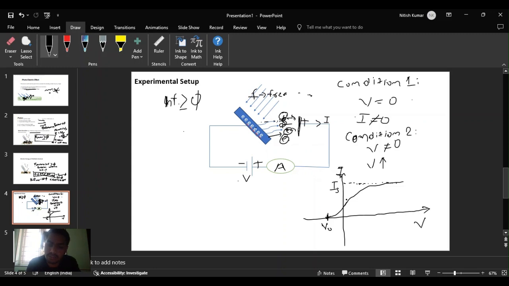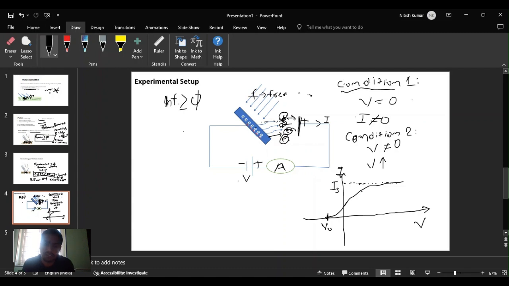So we can see here, at zero potential we have some current; in condition 1 we have seen this. In condition 2, as we increase the potential, the current increases.